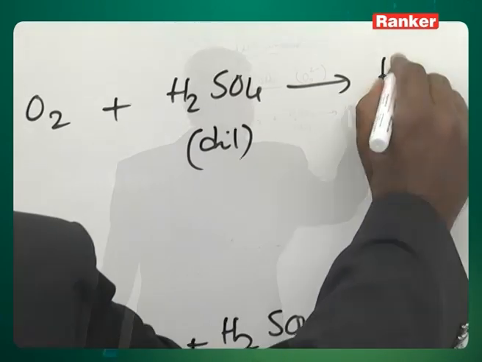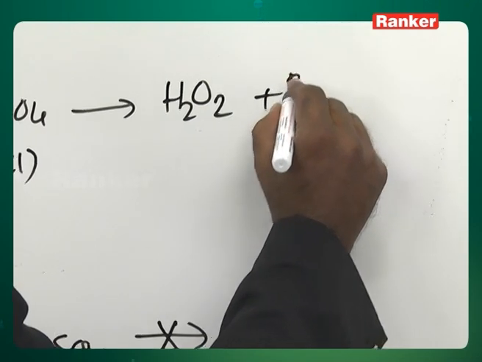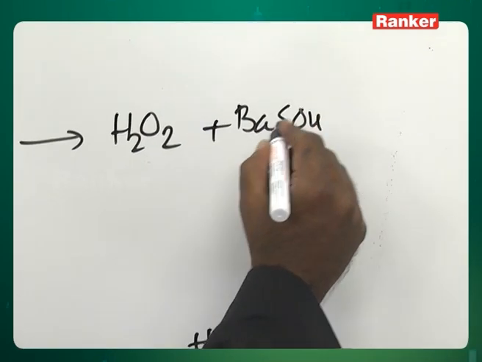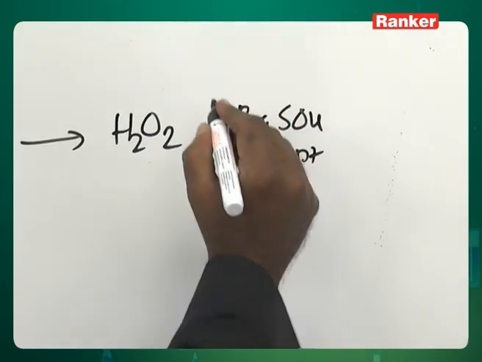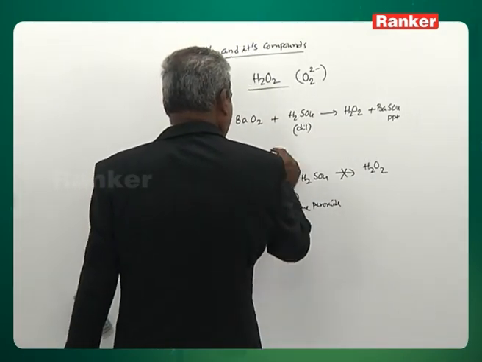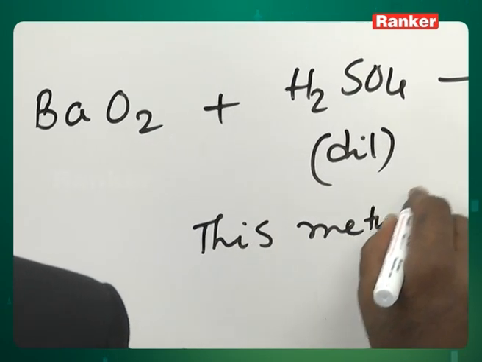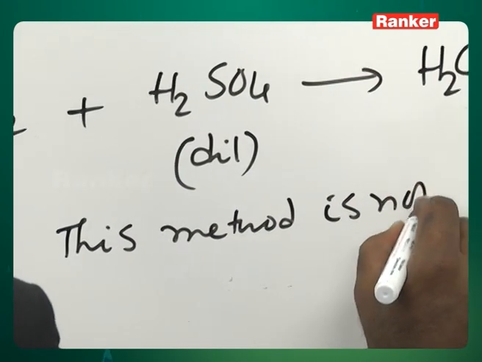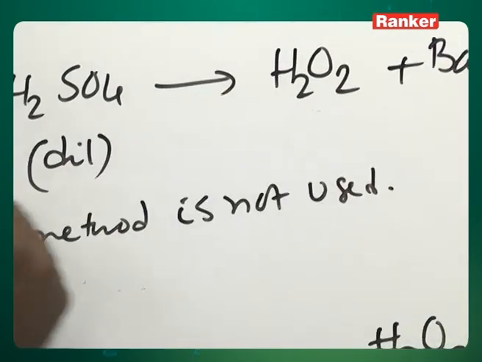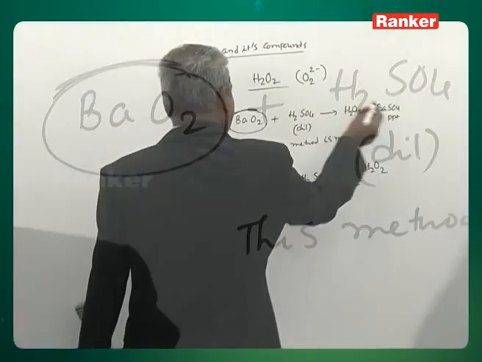You will get H2O2, but along with H2O2, you get BaSO4. And this BaSO4 precipitate forms a layer on the BaO2. Therefore, this method is not used, because BaSO4 forms a layer. So, that is the role of BaSO4.